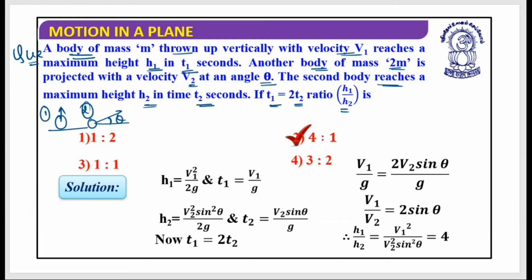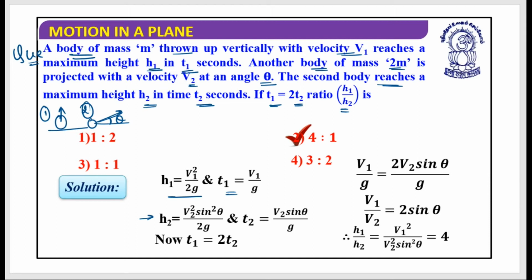So if I write this for the first situation, I have h max equal to u square by 2g. Here my u is v1, so I have written it as v1 square by 2g, and its time of flight is u by g, that is v1 by g. What about h2 that has been thrown at an angle theta? h2 is equal to v2 square sine square theta by 2g, and the time of flight is 2u sine theta by g.